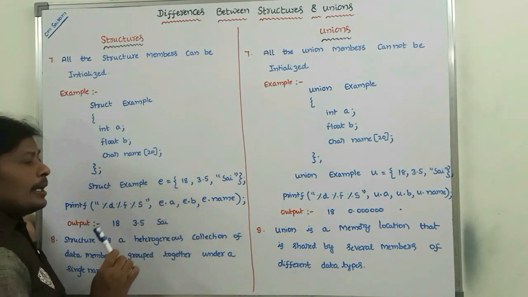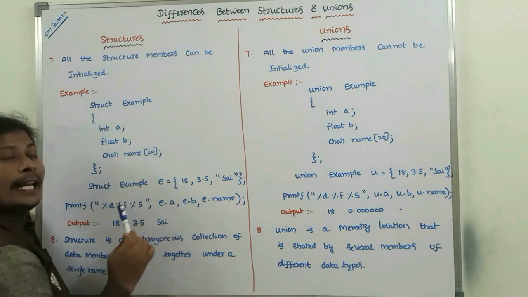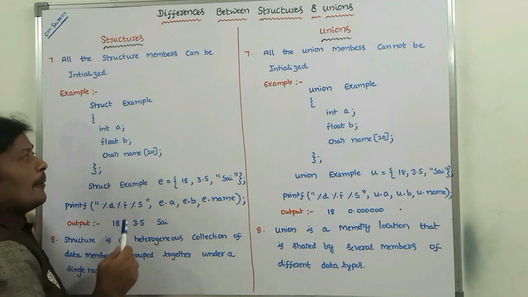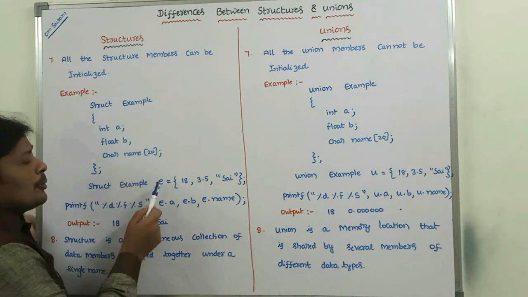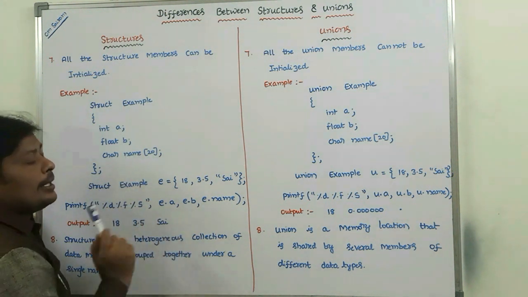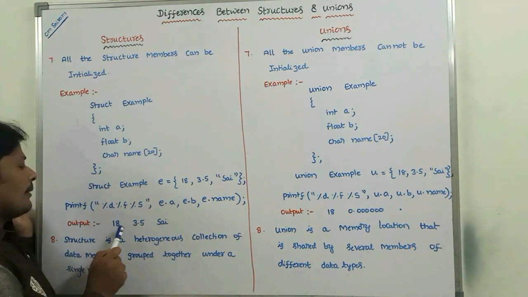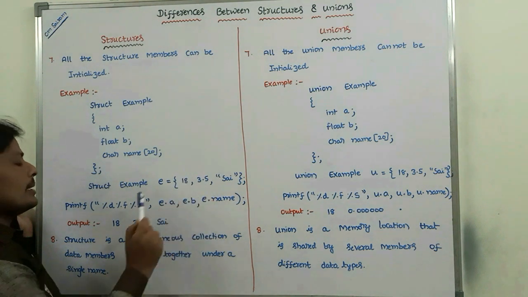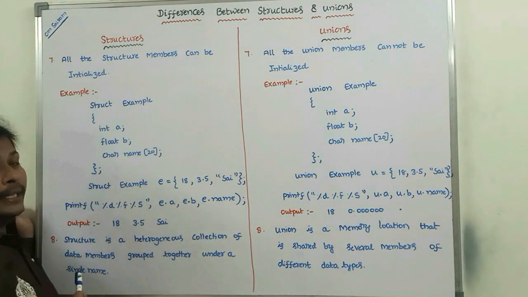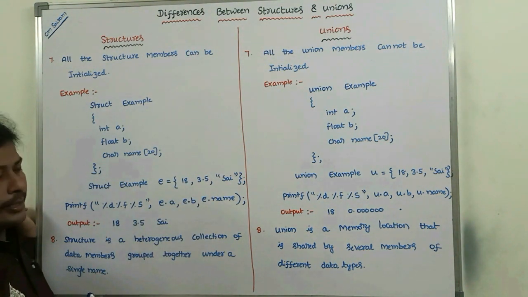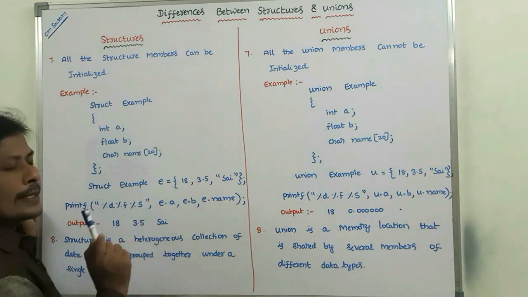We are accessing all the data members from the structure by using the structure variable and dot operator. Whatever values we initialized are printed as they are: 18, 3.5, Sai.